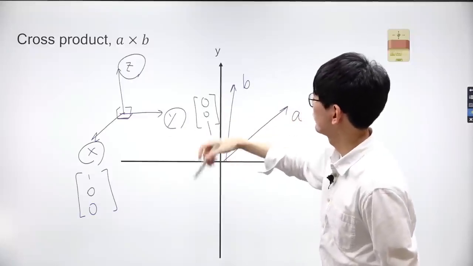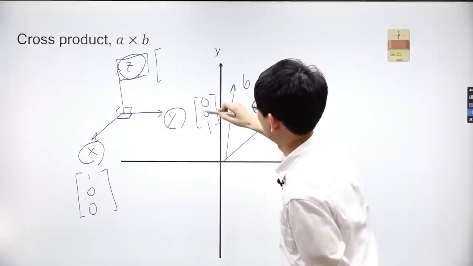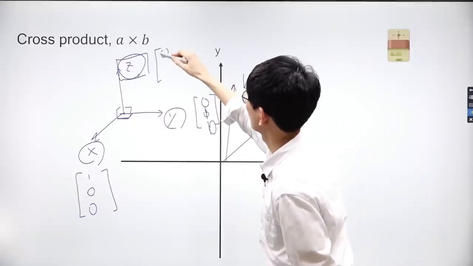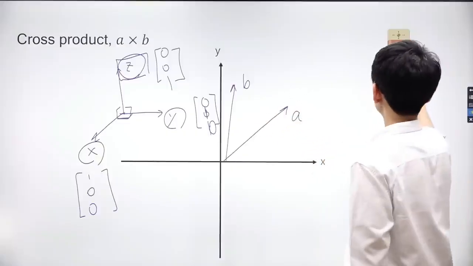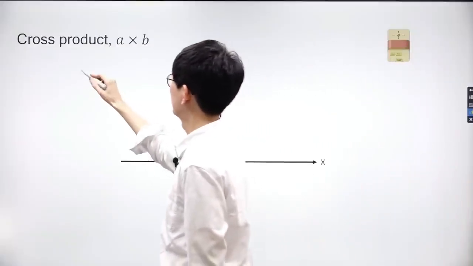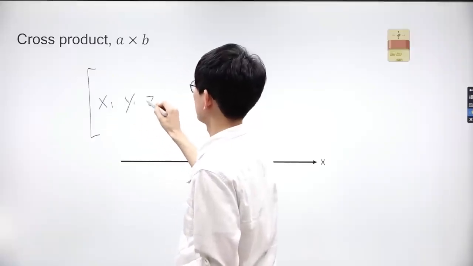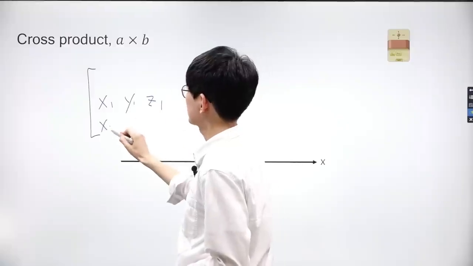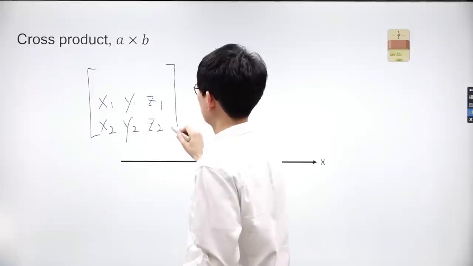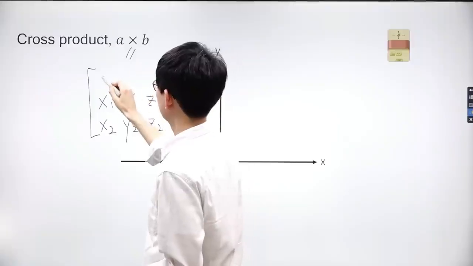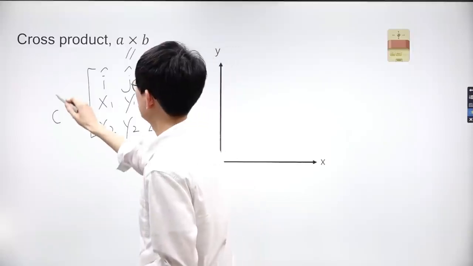Suppose the coordinates of vector x are 1, 0, 0, the coordinates of vector y are 0, 1, 0, and finally the coordinates of vector z are 0, 0, 1. By calculating the cross product of vectors x and y, we can determine if we can find the perpendicular vector z. You can compute the cross product of vectors a and b by computing the determinant of a matrix. Arrange vectors a and b horizontally on the second and third rows of the matrix.